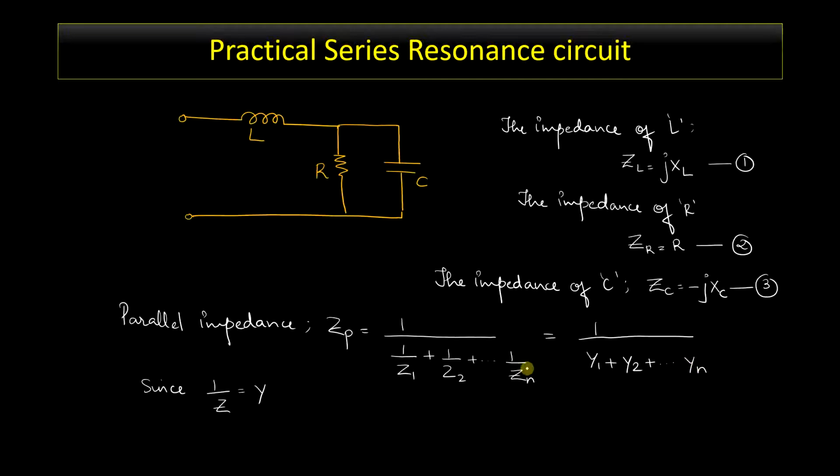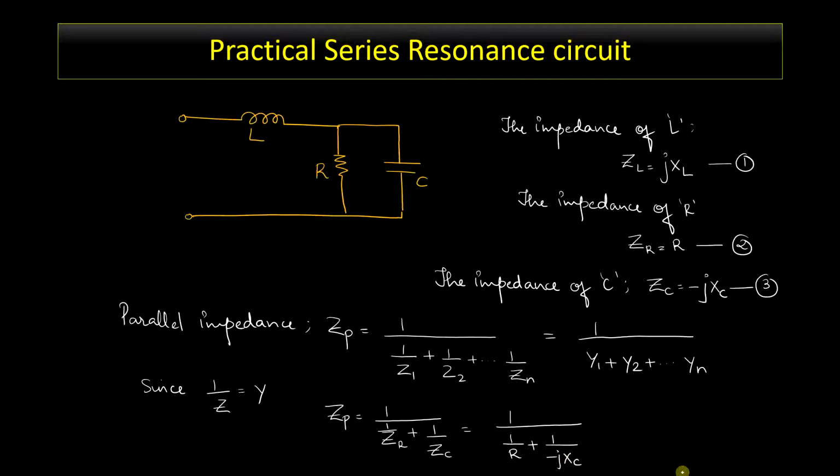Okay, so using this expression, let me compute the parallel impedance of the combination R and C. So in my case, I have Zp equal to 1 divided by 1 by ZR plus 1 by ZC. So that is 1 divided by 1 by R plus 1 by minus jXC.